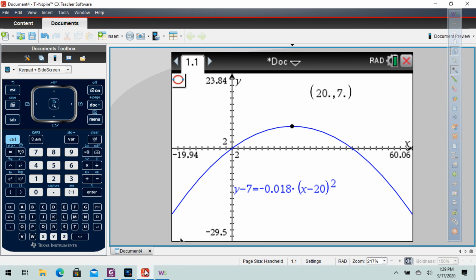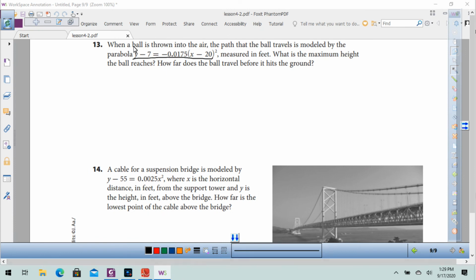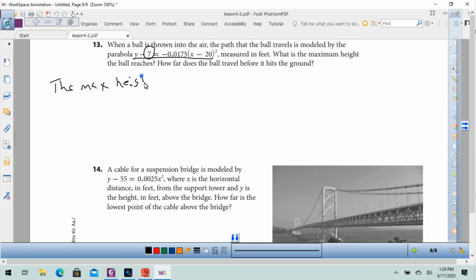Was that not in the equation? Yes, the maximum height of the ball was 7 feet. The max height of the ball is 7 feet. How far does the ball travel before it hits the ground?